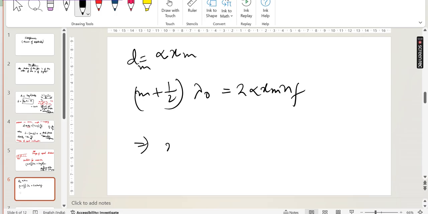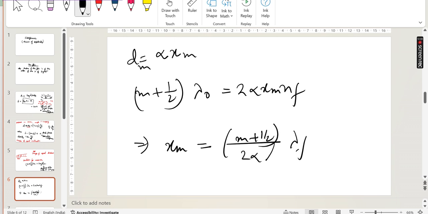So from that we get that x_m is equal to (m plus half) times lambda f over 2 alpha.